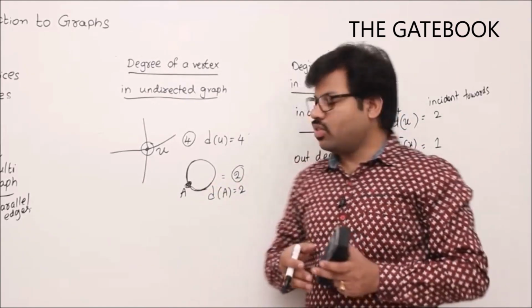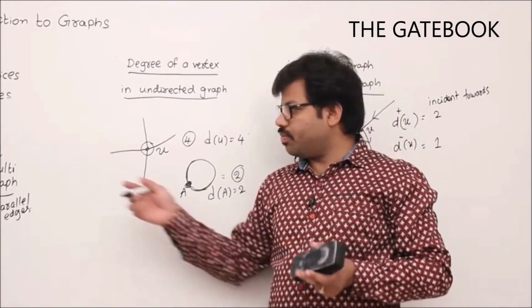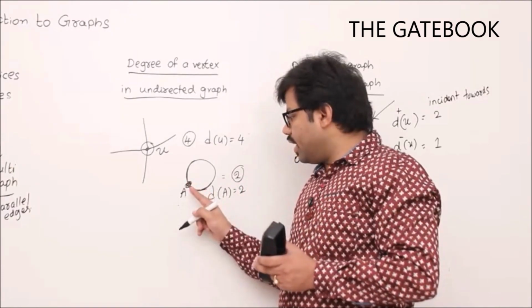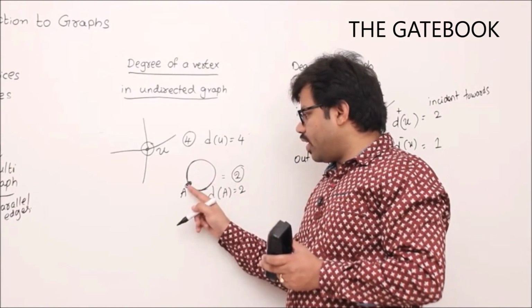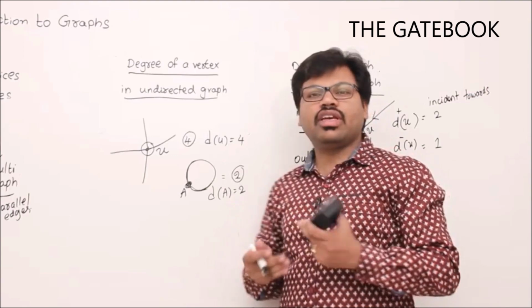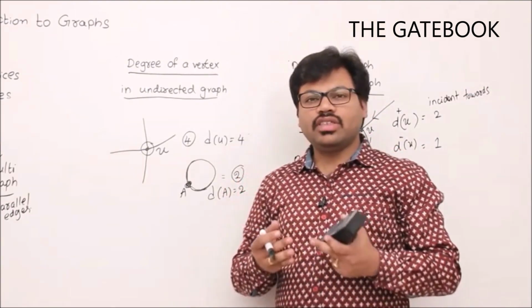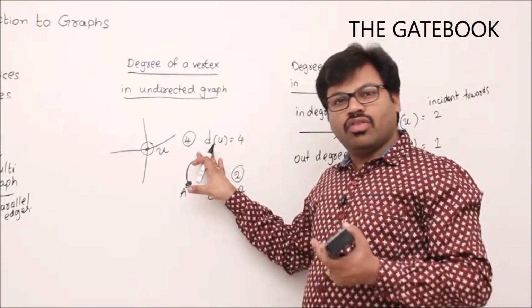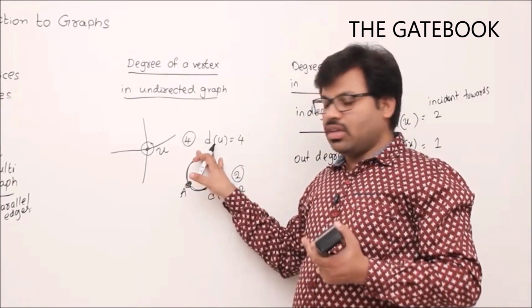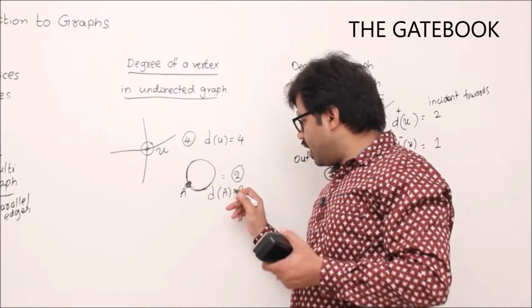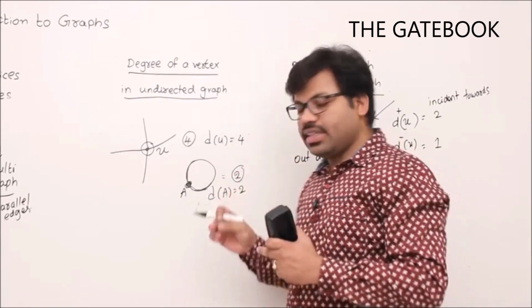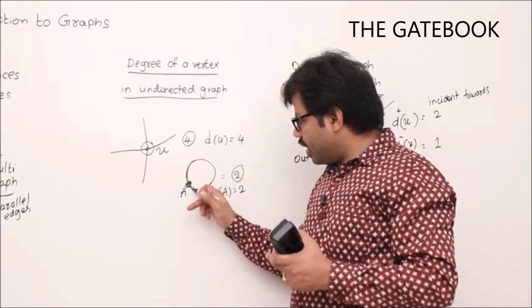Second one, I am going to teach you the sum of the degrees theorem. In the sum of the degrees theorem, the degree of this kind of vertex should be 2, then only the theorem works. Otherwise it won't work. For every graph other than those with self loops it works, but for self loops, if I take degree as 2, then only the sum of the degrees theorem works. That's the reason people count this edge twice.